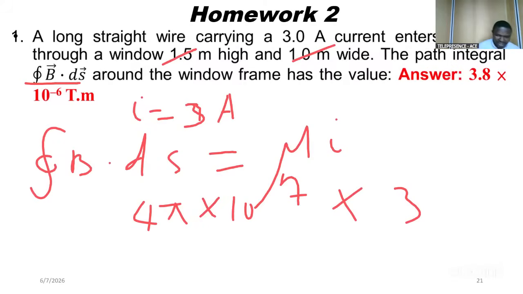Am I communicating? The reason is that we are to find the integral of B dot ds around the window, meaning outside the window, not inside the window. If inside the window, the answer may be different, but outside the window.